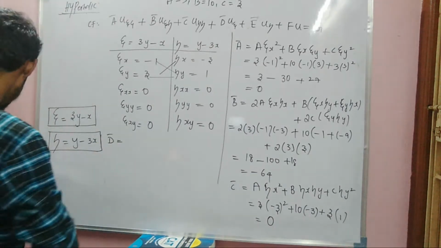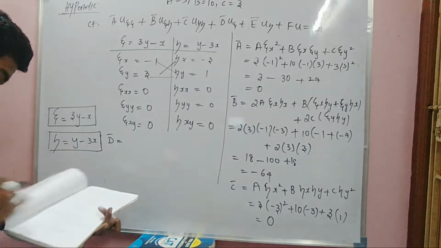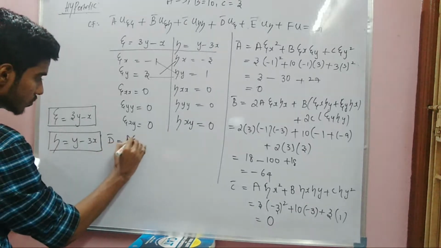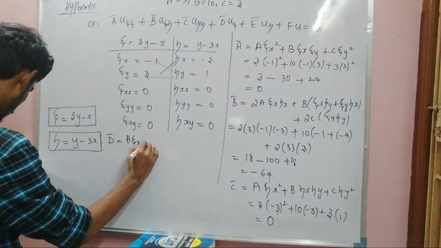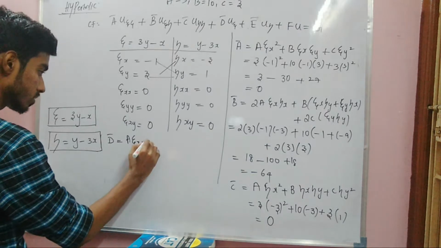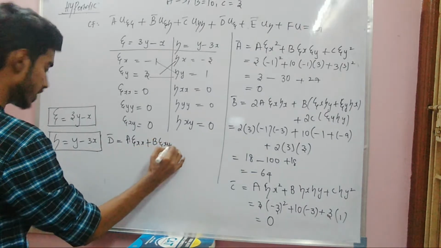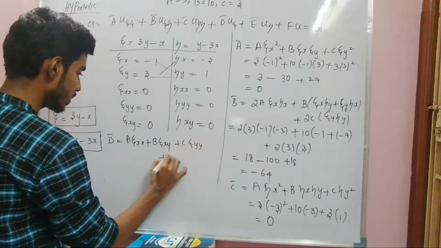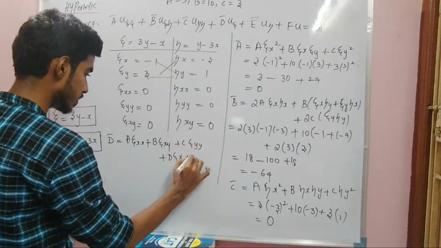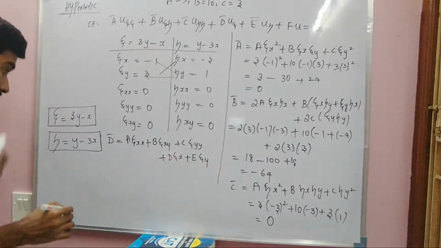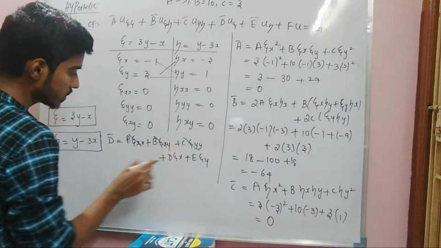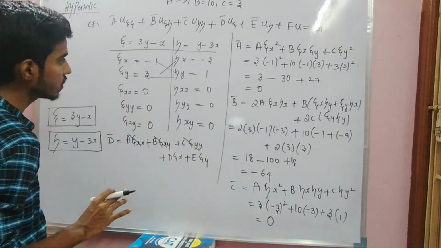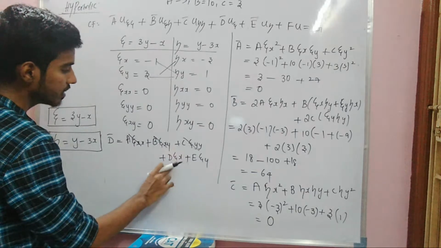Our d bar is a into theta xx plus b into theta xy plus c into theta yy plus d into theta x plus e into theta y, right? So this will be 0, this will be 0, this will be 0, because theta xx is 0, theta xy is 0, theta yy is also 0, right? Theta x, d into theta x.